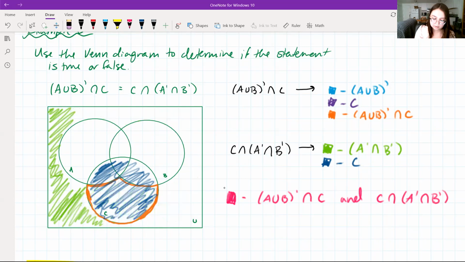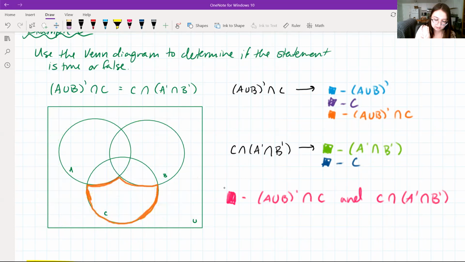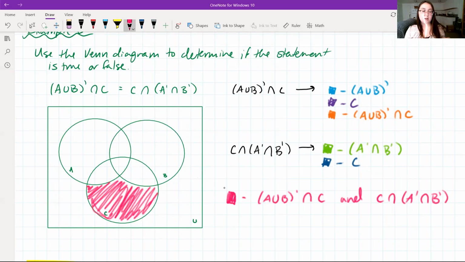So we can erase all of our shading that we did, and we see that we get this area here. Since using our Venn diagrams, we had shaded in the exact same spots for both of our expressions here, we see that they are equal.